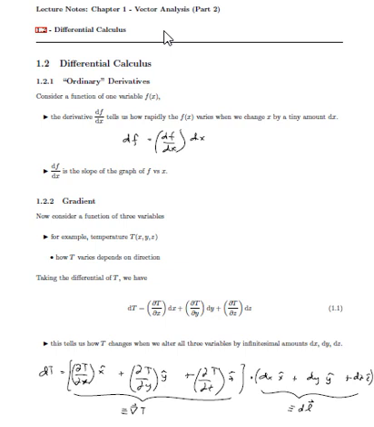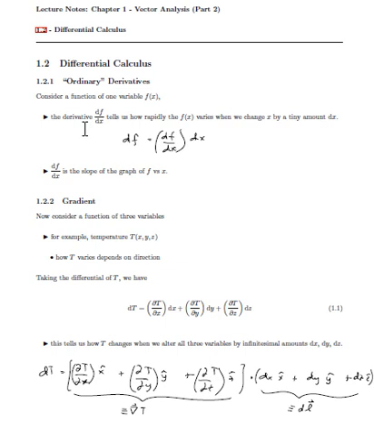Okay, so we have here differential calculus. First one here is the ordinary derivatives. What we'll do here is discuss how to perform a differential or derivatives of a certain function.